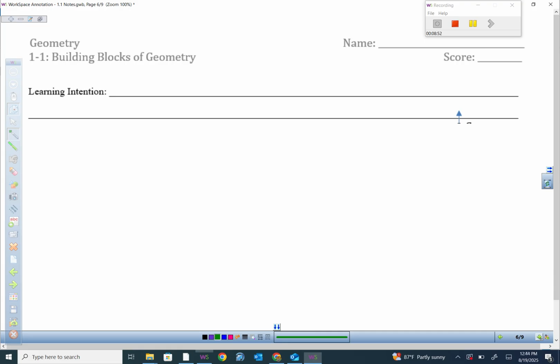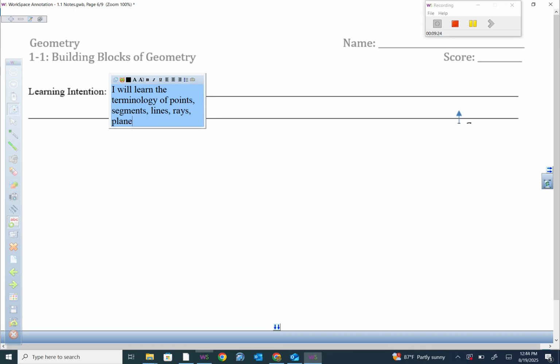Okay. So today, the learning intention, I'm going to type this for you so it's nice and neat. I will learn the terminology of points, segments, lines, rays, planes, angles, collinear, and coplanar points.